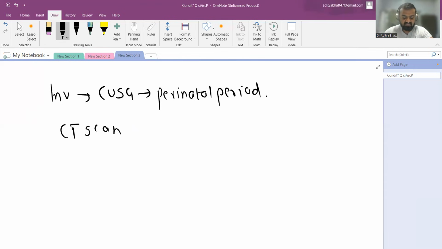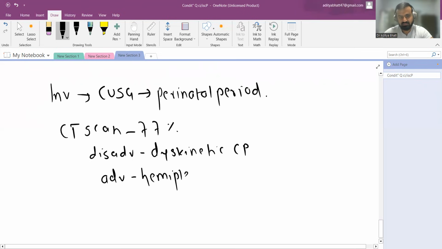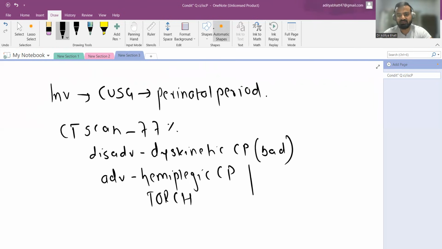The yield or benefit of CT scan is 77%, and the disadvantage is it is poor for dyskinetic CP. Okay, and the advantage is that it is good for hemiplegic CP, and it is good for TORCH infection where there is periventricular calcification. So it is bad for dyskinetic CP, it is good for hemiplegic CP and TORCH.